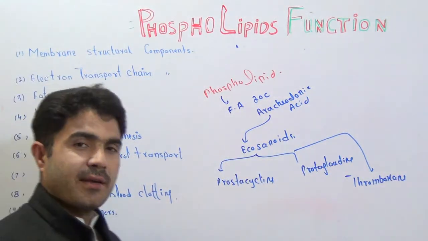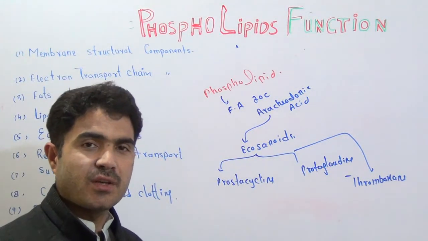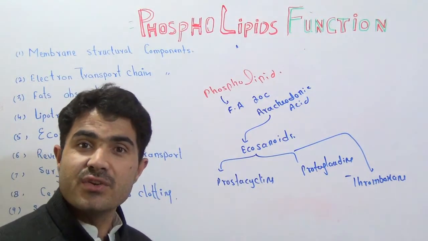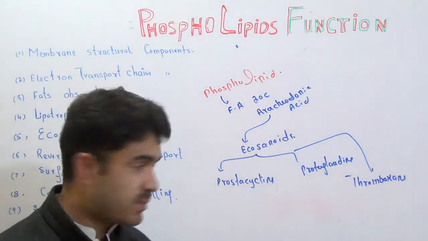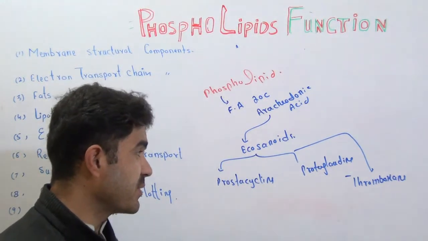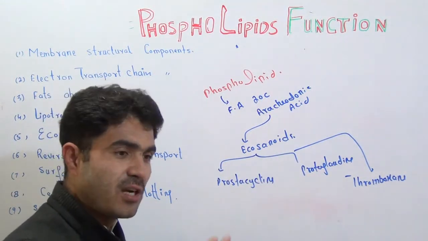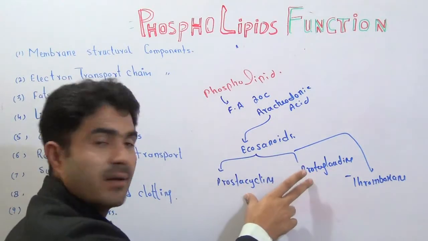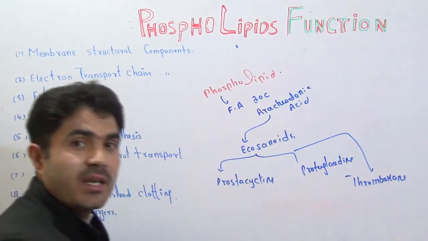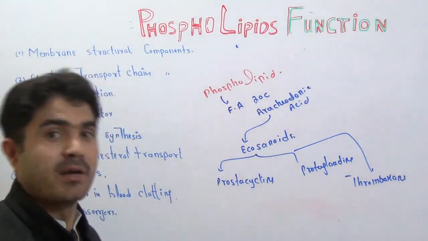Prostacyclin and prostaglandin participate in various kinds of inflammatory reactions in our body. They are also involved in cell to cell signaling. And thromboxane helps in blood clotting.